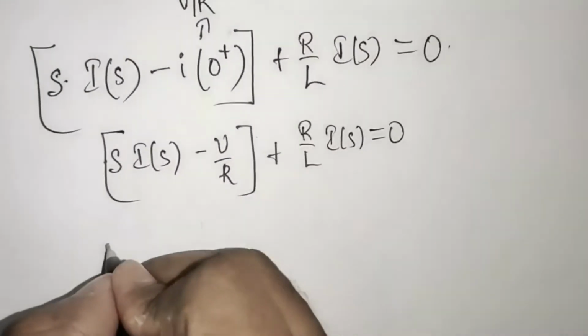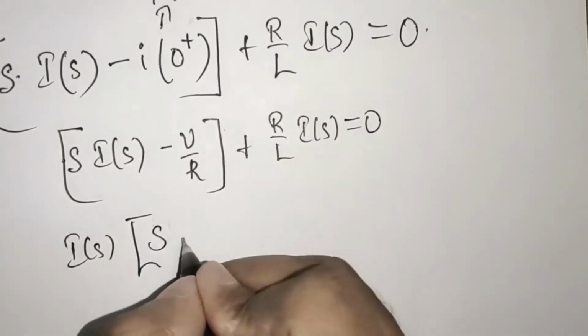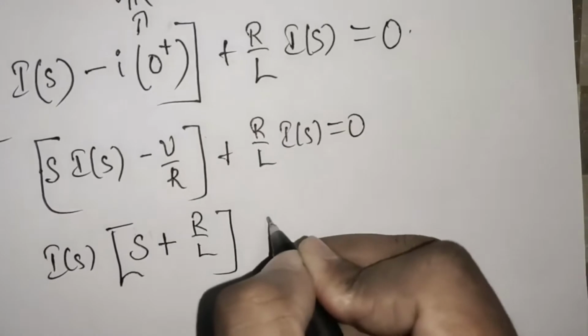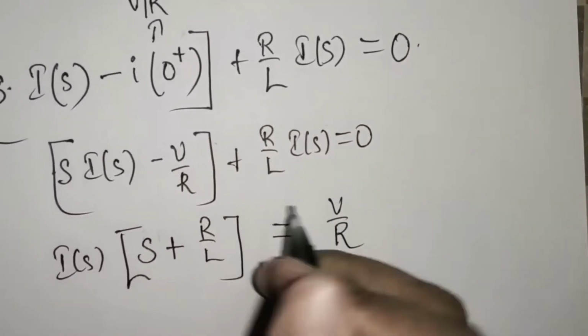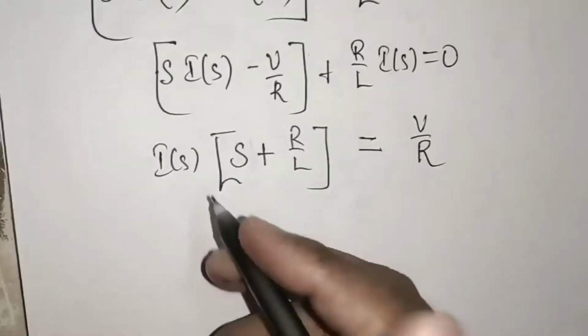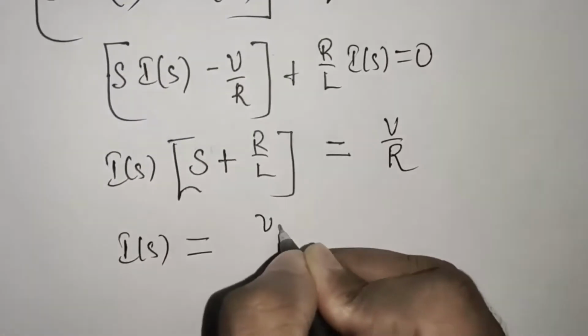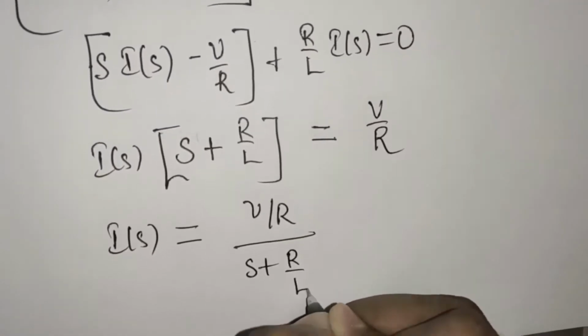If I take I of s as common, then I will get s plus R by L, which is equal to V by R. Then I of s is equal to V by R divided by s plus R by L.